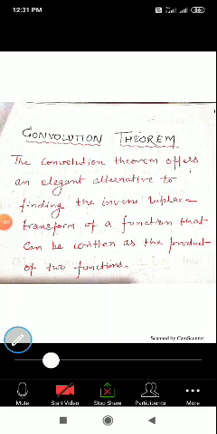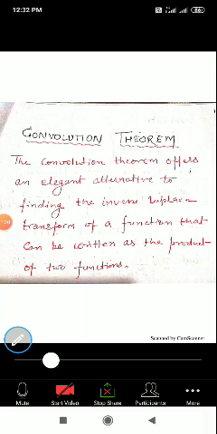The convolution theorem is an alternative method for finding the inverse Laplace transform of a function that can be written as the product of two functions.